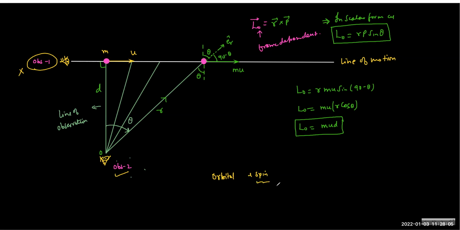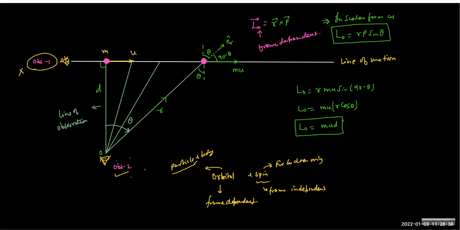Spin is unique, it is frame independent. Orbital is frame dependent. Spin is for bodies only, but orbital is for particle and body.